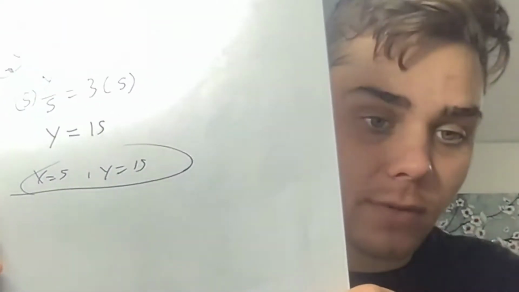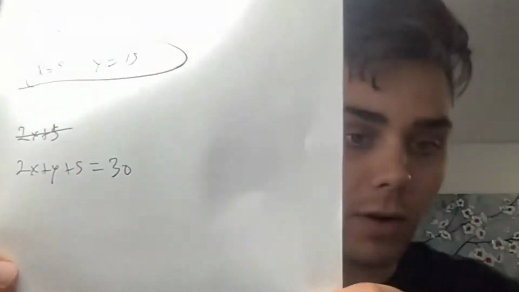Now to check our work, we can substitute these both back into the other original equation. We know they both work with y over x equals 3, because we just solved for that. Now let's try using both of these in our first equation, 2x plus y plus 5 equals 30, if you'll recall.